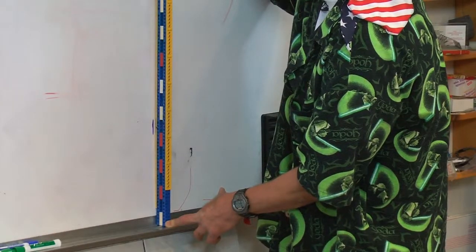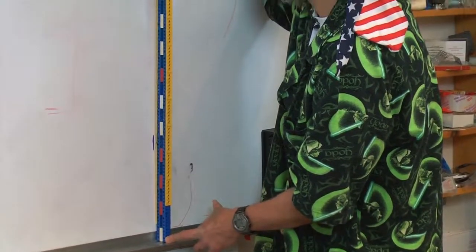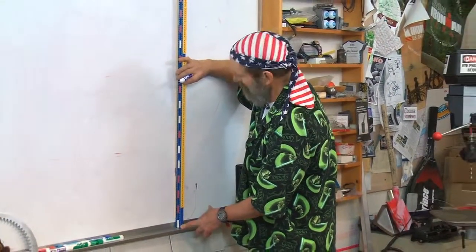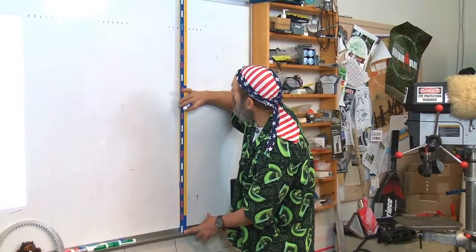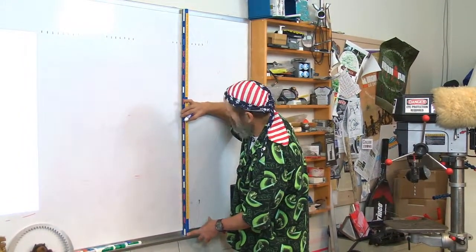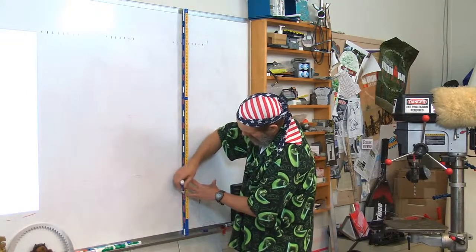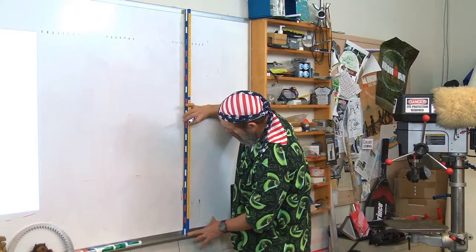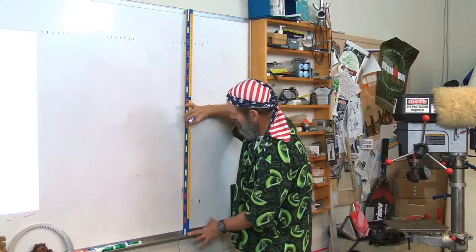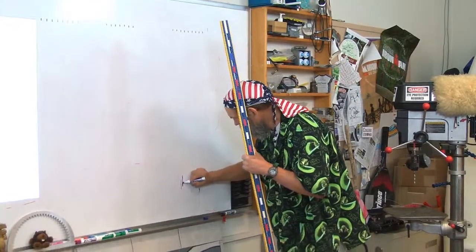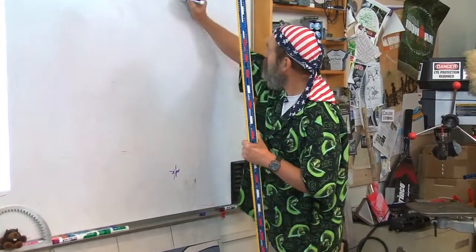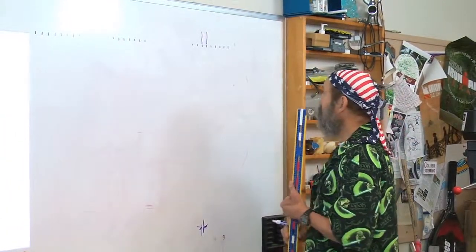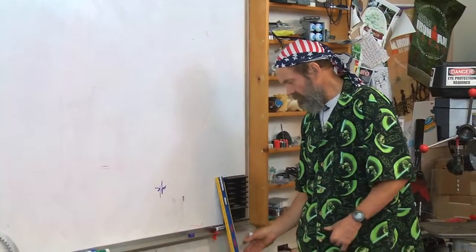Uh-oh. So watch what happens. I'm going to align that mark and this mark. And now I'm going to wiggle so I move one mark at the top. Boop. And now I'm going to make another mark down here. Huh, look at this. From here to here, what is that? I don't know. Let's measure and find out.